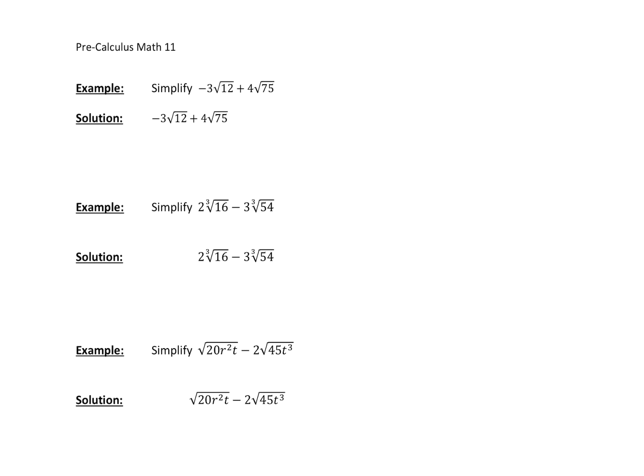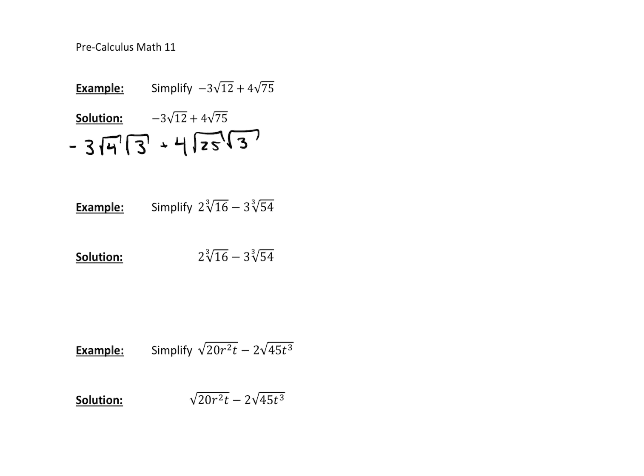Let's do some more. So, you have the negative, and just beware of the negative, right? You got negative 3 and then root 12. Well, that's root 4 times root 3, plus 4 root 75. Now 75, so this is when it's good to know your perfect squares. Well, that's root 25 times root 3.